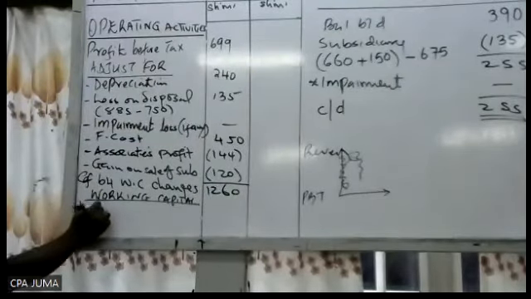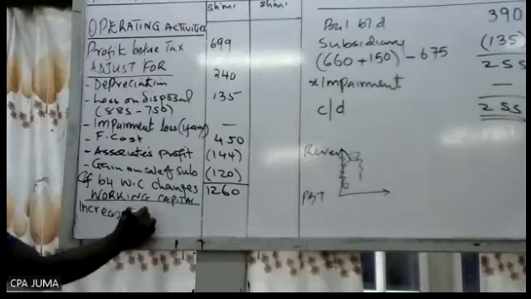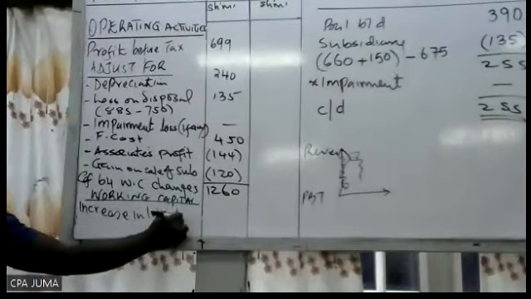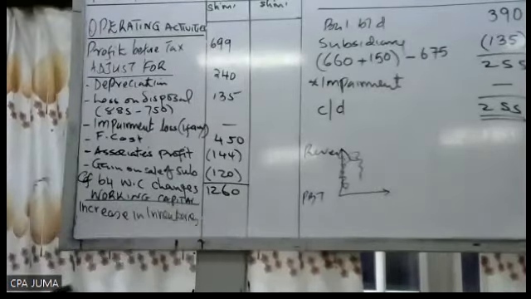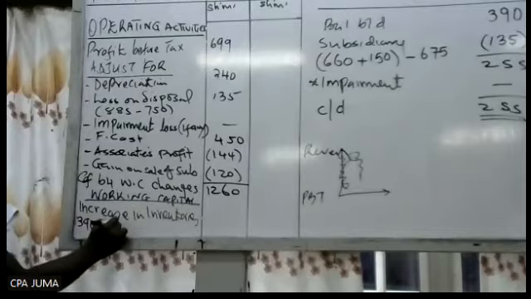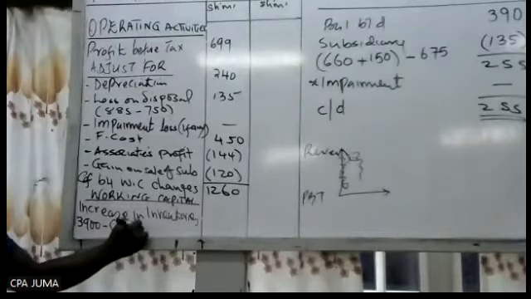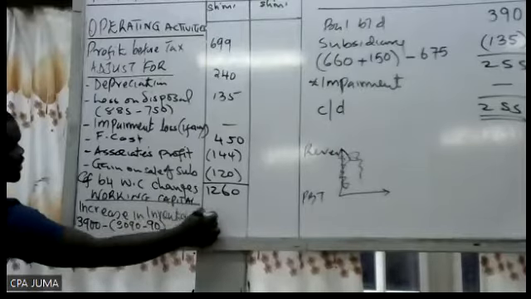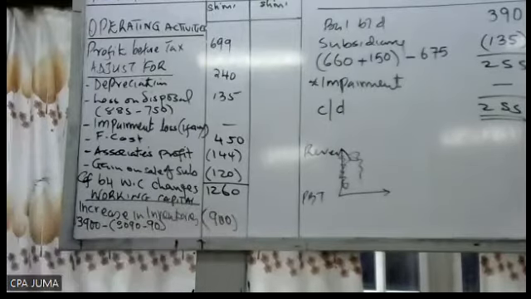So increase in inventories. It increased to how much? 3090. They had opened with 3090, then they disposed 90. So that is an increase of 900. You subtract.